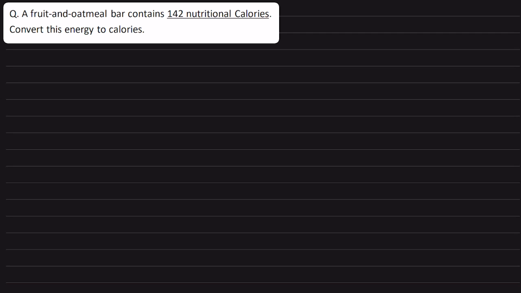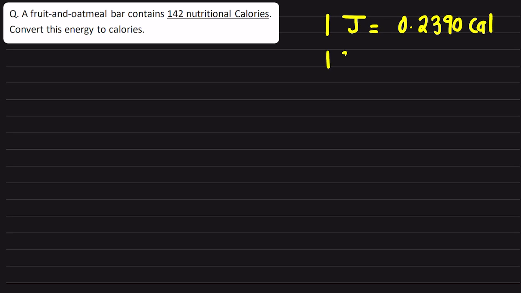So look at these conversion factors which we have to know. We know that 1 joule equals 0.2390 cal.